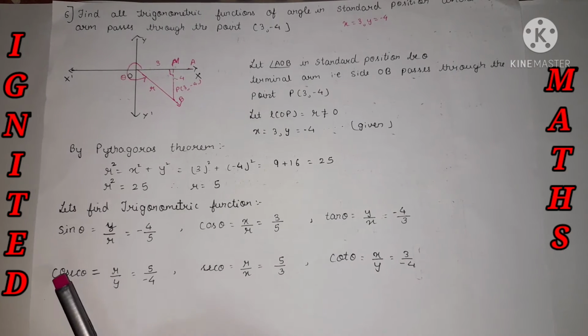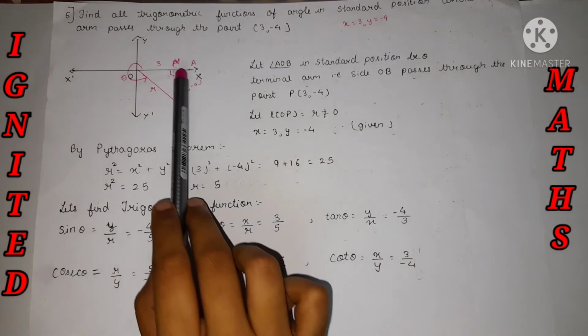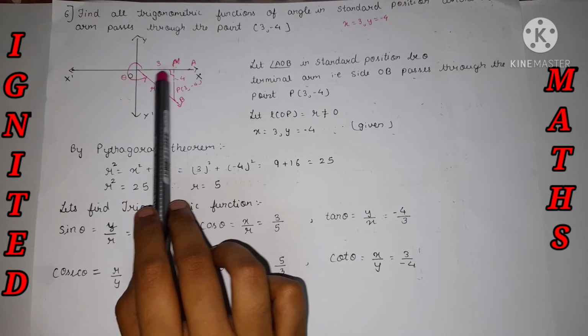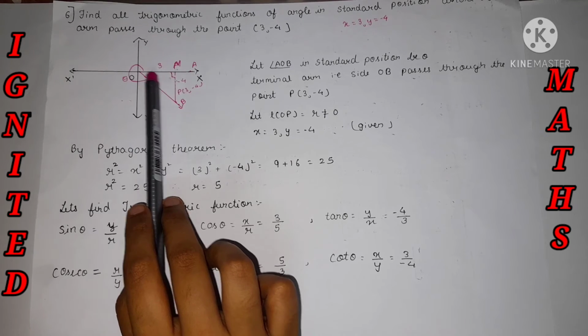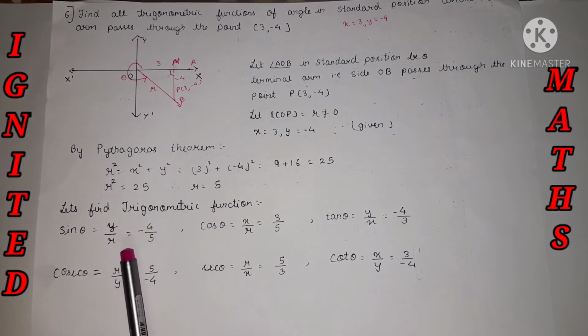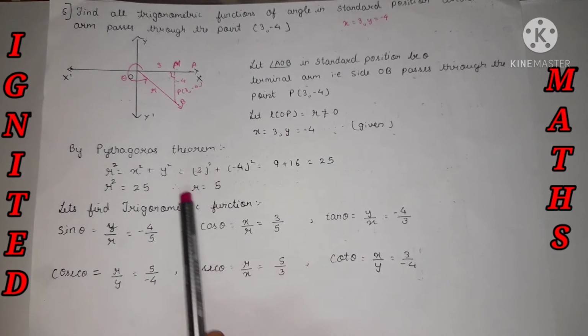Sine theta is equal to opposite upon hypotenuse. So over here the theta is over here and the 90 degrees over here. So the opposite will be y, and the hypotenuse is nothing but r. So y by r, and we have the values of y and r over here.